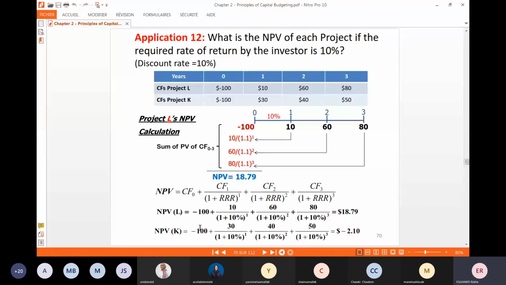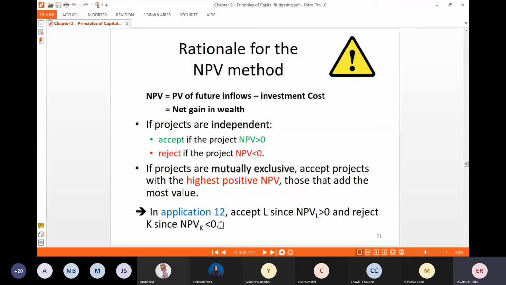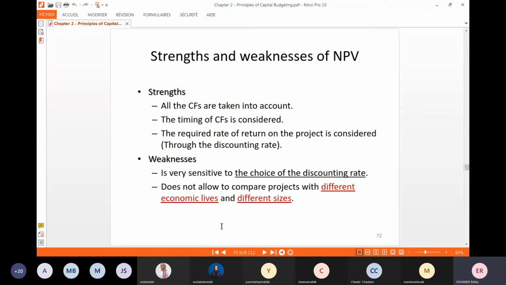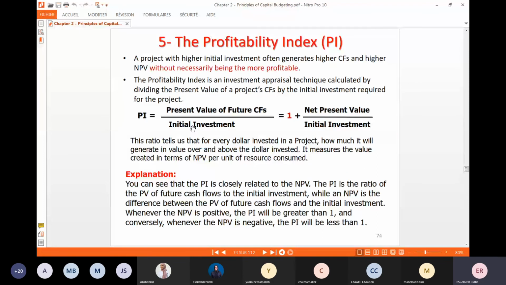So what did we do here? If you take the present value of all the cash flows and you divide by the initial investment, it is equivalent to dividing the NPV by the initial investment and adding the one. Because the present value of our cash flows is the NPV plus the initial investment.